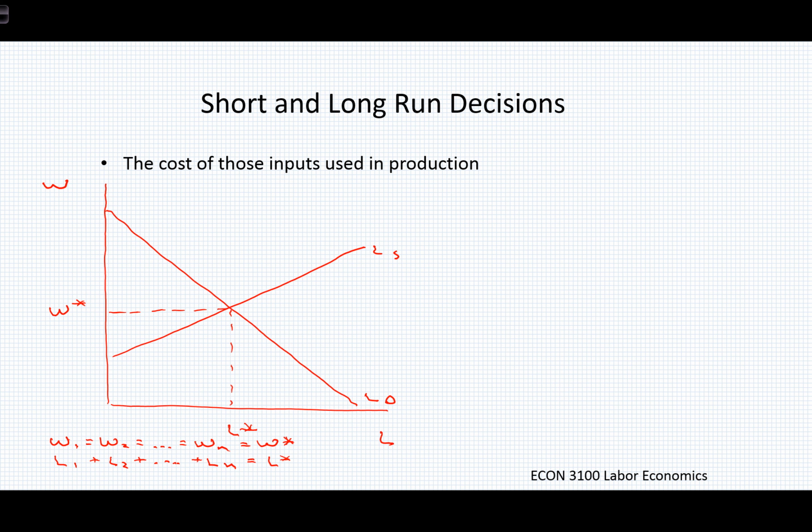In a real sense, we know that there's frictional and structural unemployment that give us some natural rate of unemployment, so unemployment is never really zero. And so this is the market that the firm faces, so it's going to pay W star regardless of how many workers it needs, and regardless of other characteristics that this firm has.